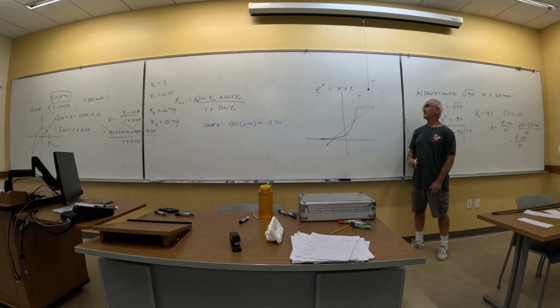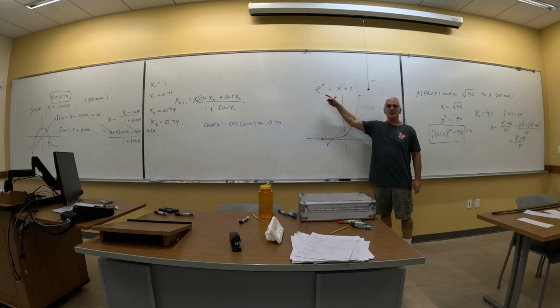Okay? I don't know where that is. What is e to the first power? Just e. 2.7 something or other? So if I replace x with 1, these are already pretty close, aren't they? So what do you think a really good starting point would be?